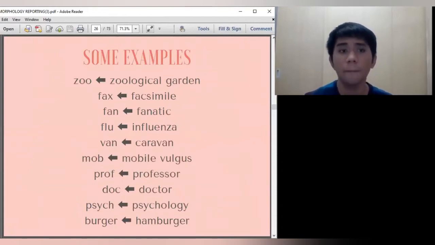Here are some examples: zoo is from zoological garden, fax is from facsimile, fan is from fanatic, flu is from influenza, van is from caravan, mob is from mobile vulgus, prof is from professor, doc is from doctor, psych is from psychology, burger is from hamburger, and we have a lot more examples.